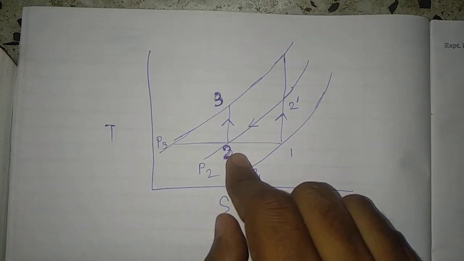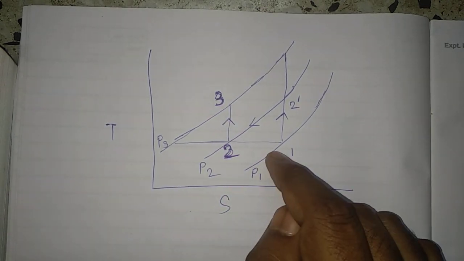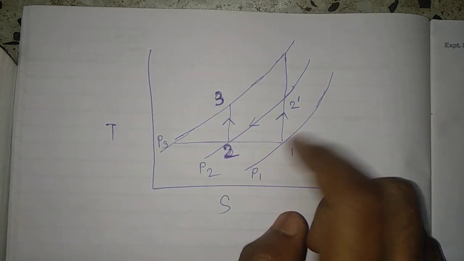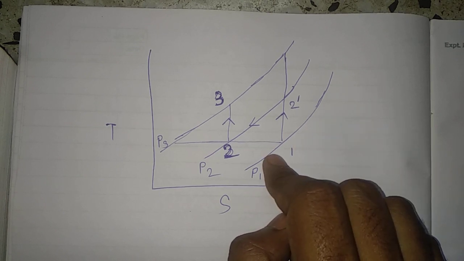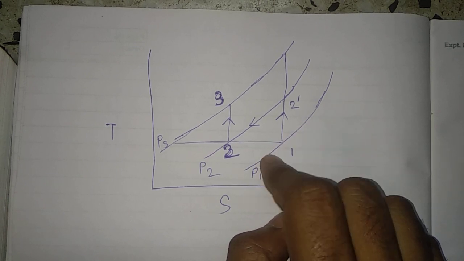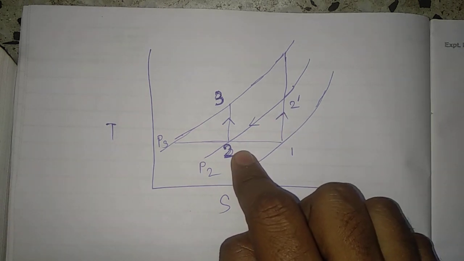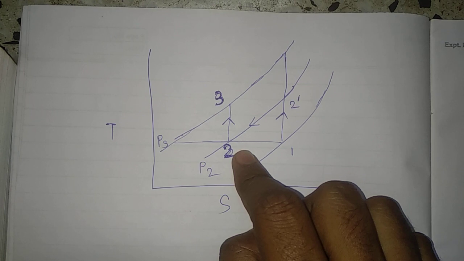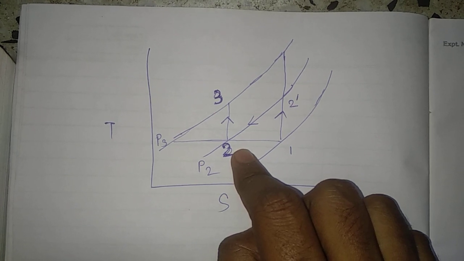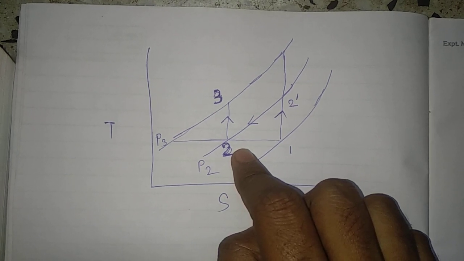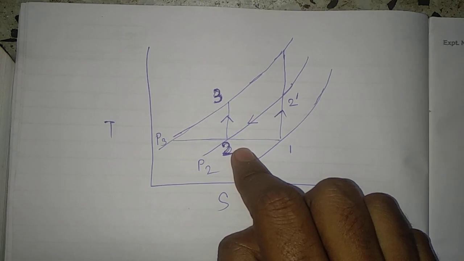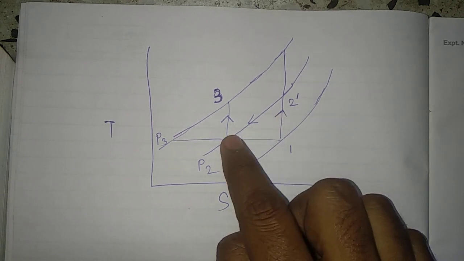So what is the condition for perfect intercooling? The temperature of the air at the suction condition in the low pressure cylinder should be equal to the temperature of the air after the compression process in the low pressure cylinder. Both are equal.